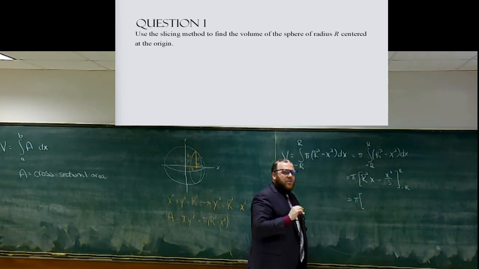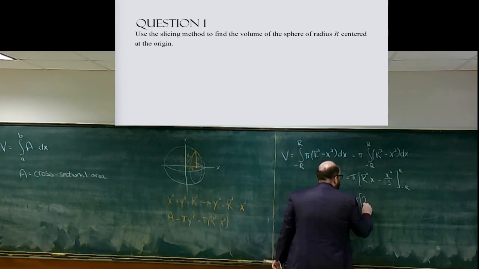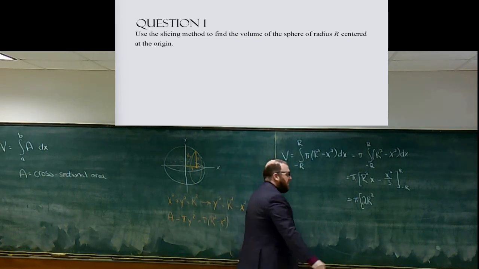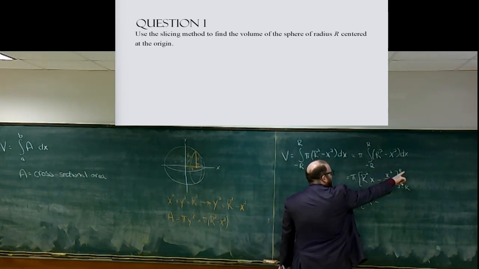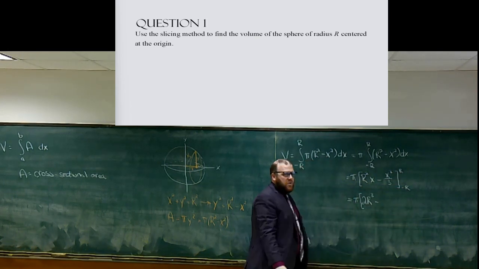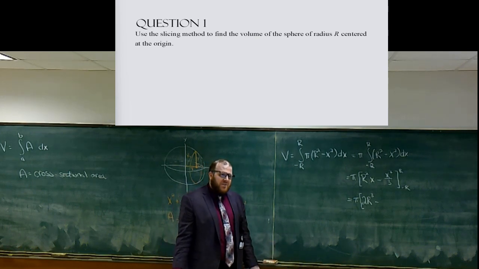R minus negative r is 2r. r cubed minus negative r cubed would be r cubed plus r cubed.